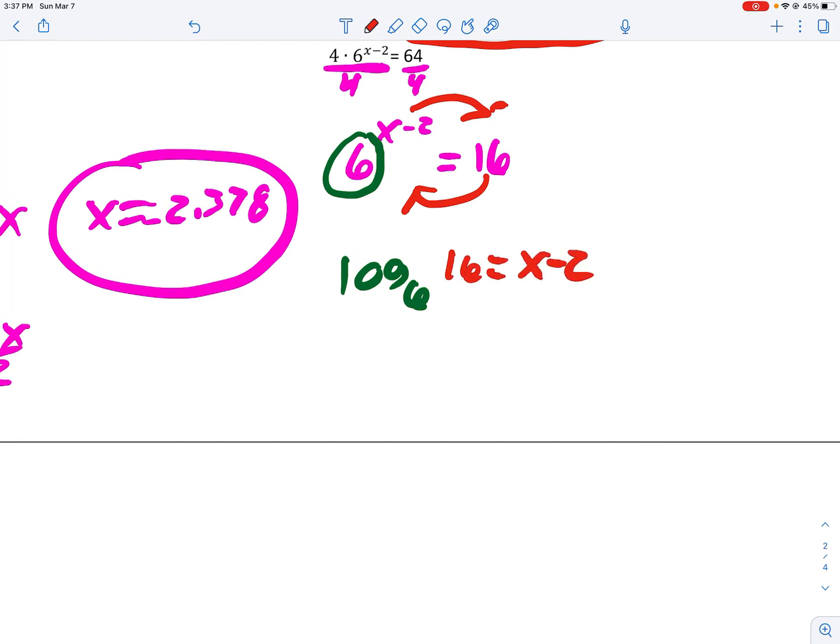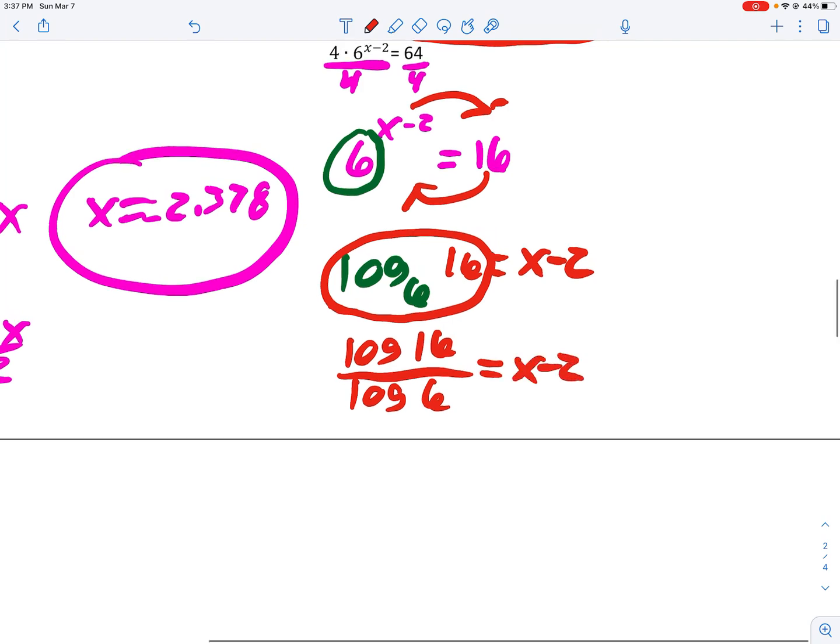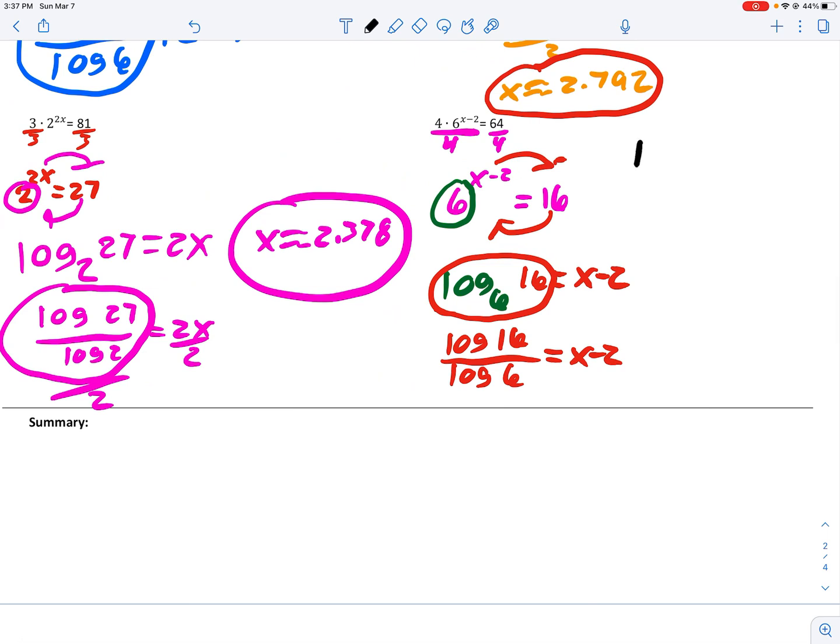So I'm there. So I'm going to change this here into base 10. So log of 16 divided by log of 6 equals x minus 2. Now I'm going to add 2. Okay.